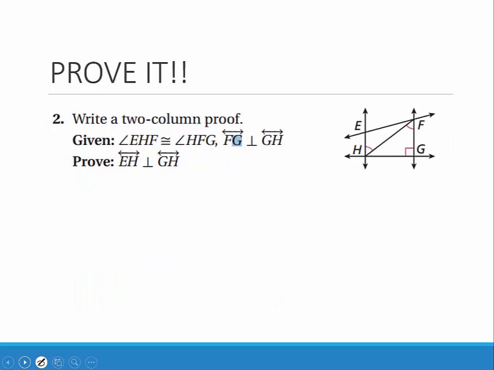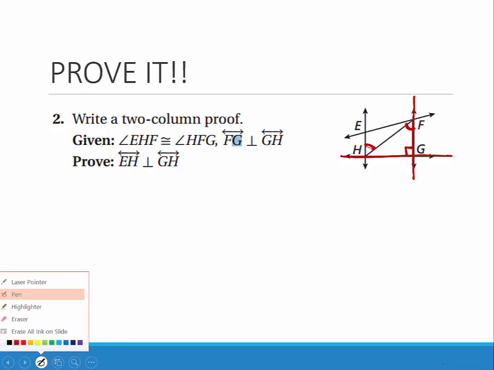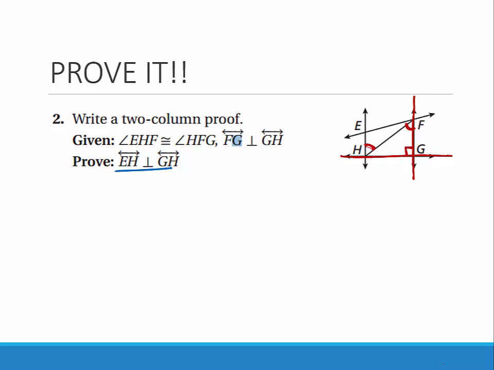We are given that angle EHF is congruent to angle HFG. And then we're also given that FG is perpendicular to GH. Our job is to prove that EH is also perpendicular to GH.